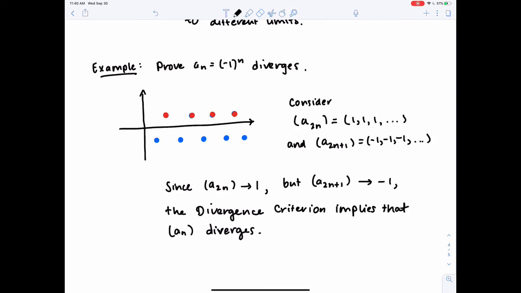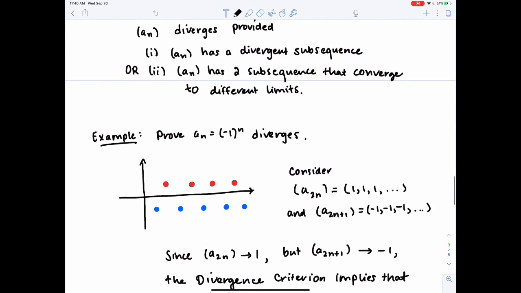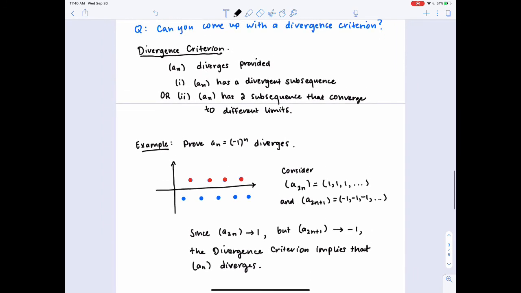I've just found two subsequences that each converge to two different values. That's exactly the second condition of the divergence criterion. So that's a really simple way to do this.